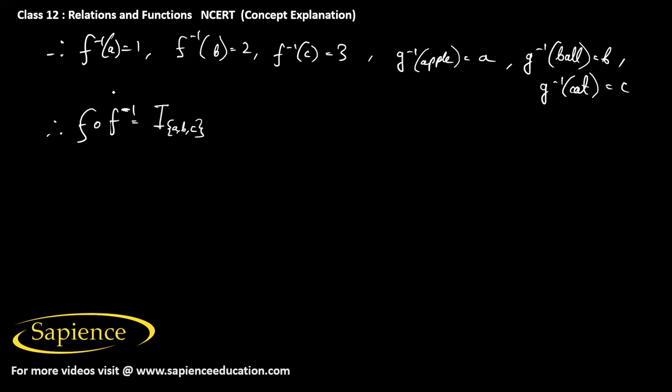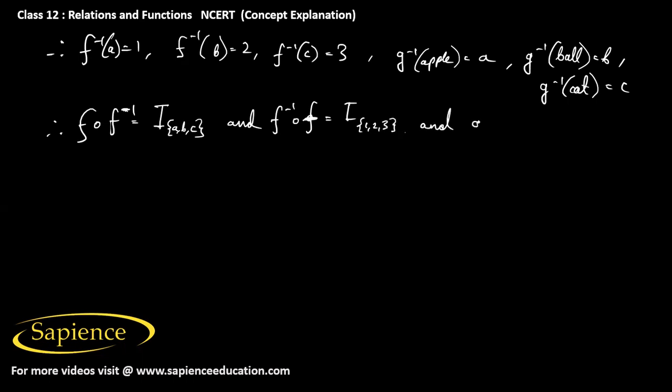Since f of f inverse of a is f of 1, which is again a, and f inverse of f, for example f inverse of f of 1, is 1, so it will be the identity on the set 1, 2, 3.